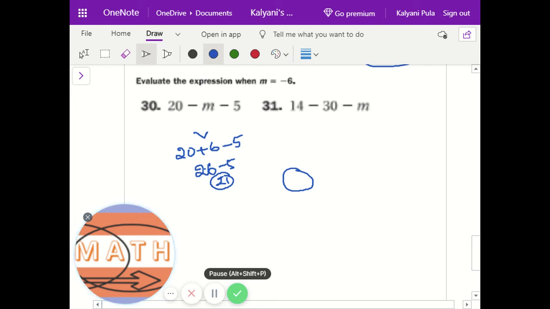I like that you changed it directly to the 6 because double negative becomes positive. Right? That's good. For example, this is minus, and then your m is negative 6, so it's going to be a double negative. It becomes positive 6.